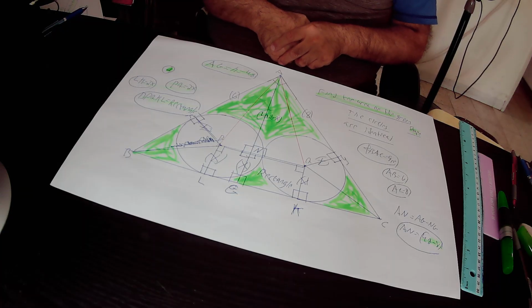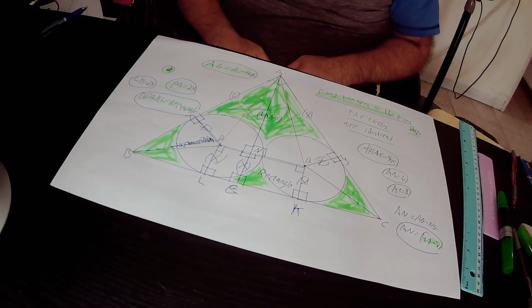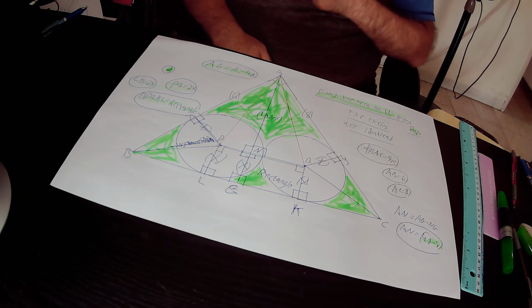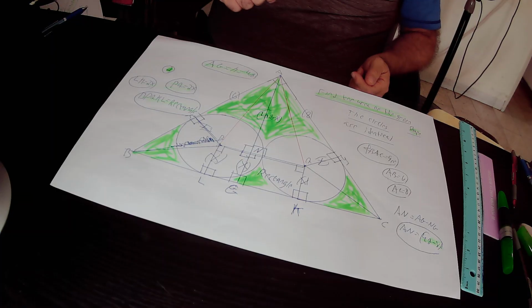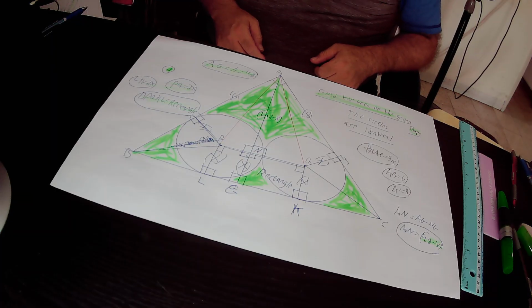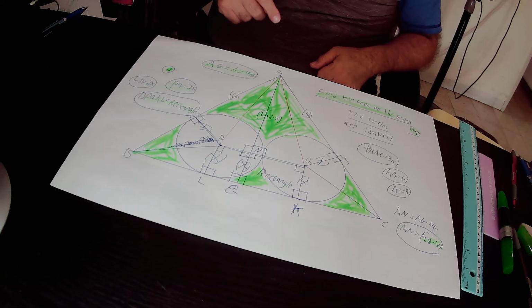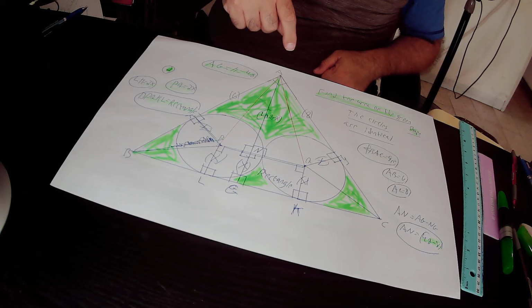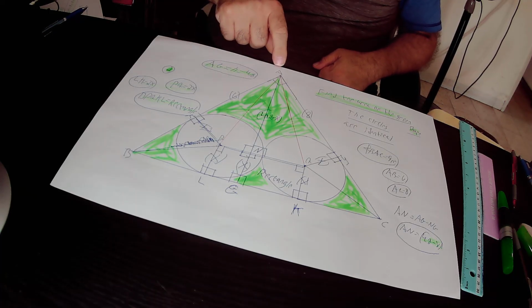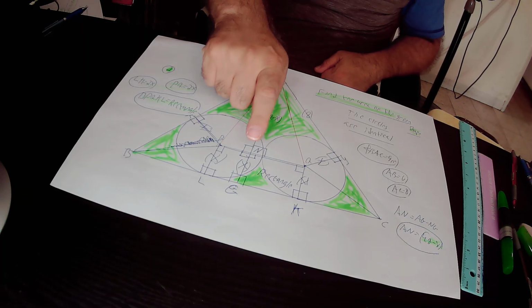So, in the next step, we draw a perpendicular to the base BC. The perpendicular is the height of the base. It starts from the vertex A, and it is perpendicular to BC.